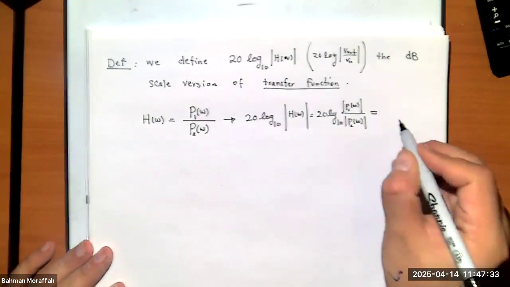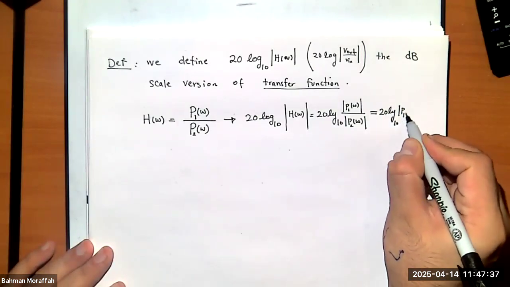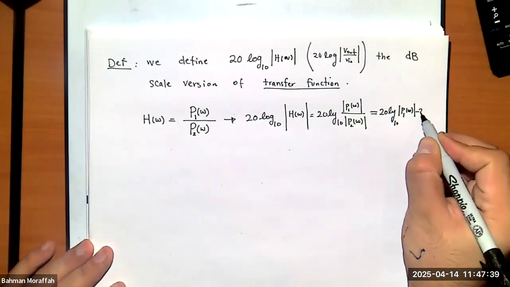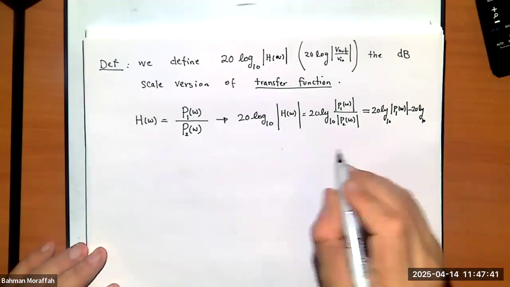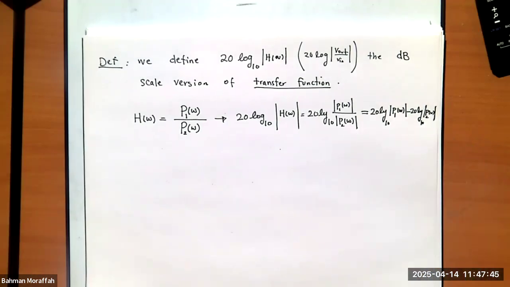By property 3, this is 20 times log 10 of the magnitude of p1 minus 20 times log 10 of the magnitude of p2. P1 and p2 are still multiplications, so we know they add up.